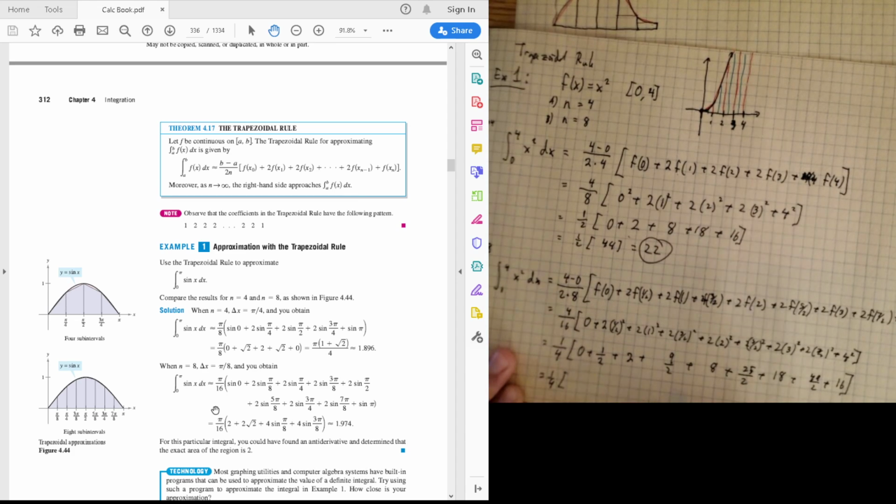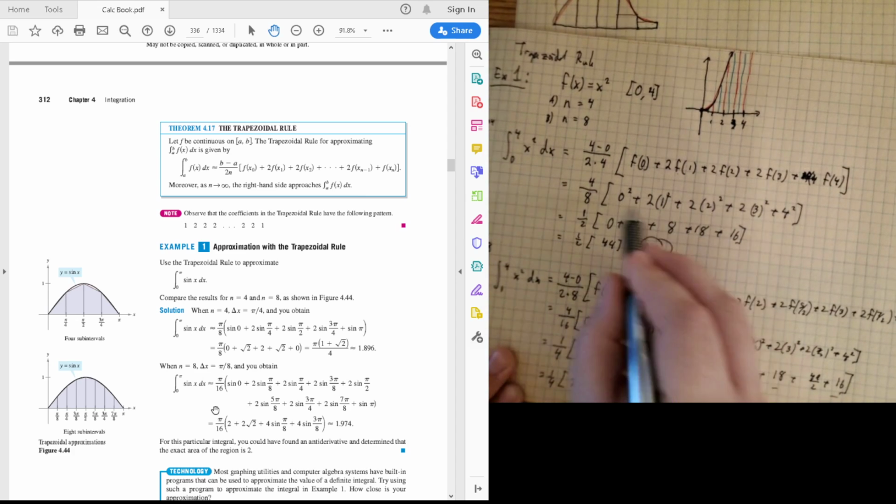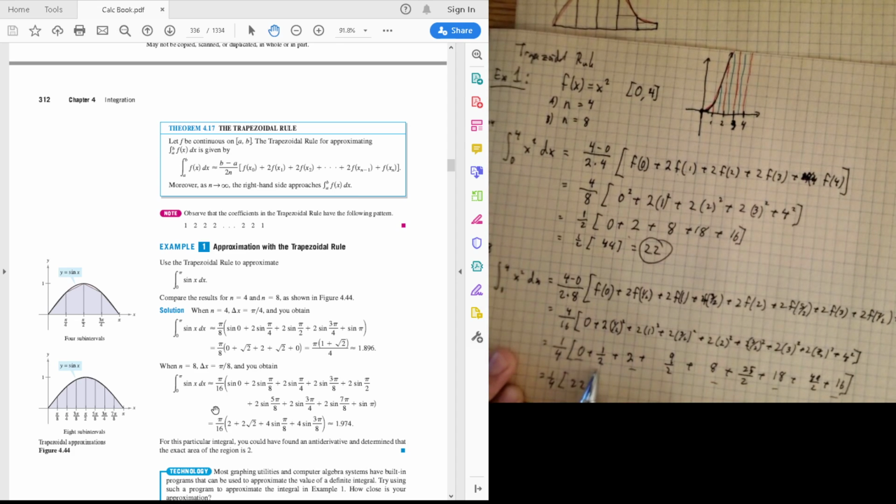So these three are going to be 22, because it's the same problem we had up there, plus 1/2 plus 9/2, that's 10 halves, plus 25, so that'd be 35 halves, plus 49, that'd be 84 halves. 84 halves is equivalent to 42. 42 and 22 put together is 64. And 1/4 of 64 is 16.